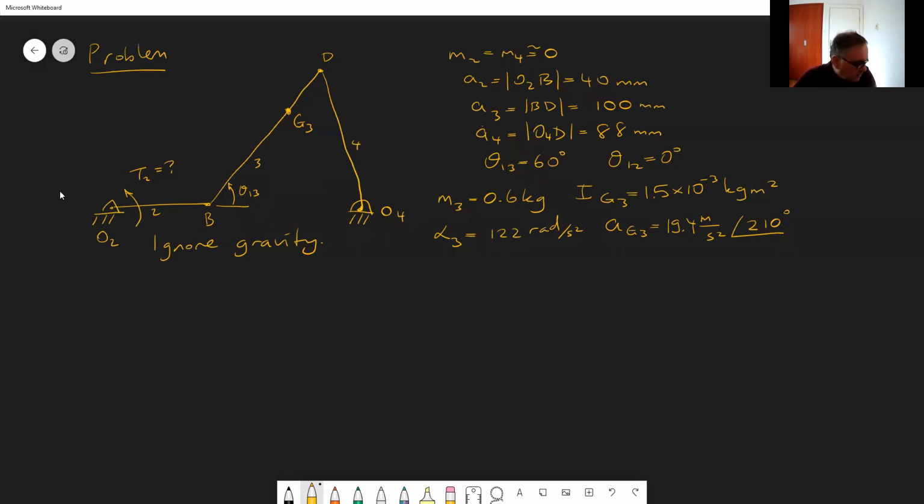You just need for link 3. So the inertia forces are, FI3 is like M3 AG3 without the direction at least. It is 0.6 times 19.4.